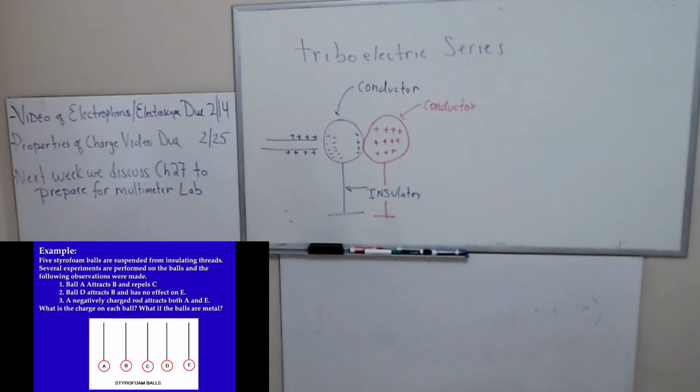So it says ball A attracts B. That should tell you that they have opposite charges, correct? Okay, so A and B have opposite charge.